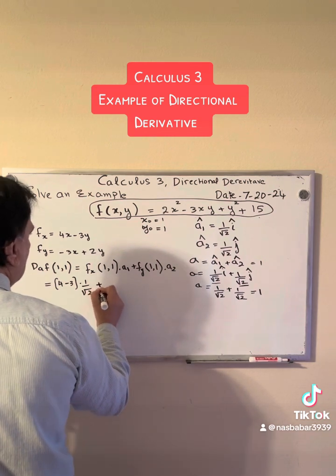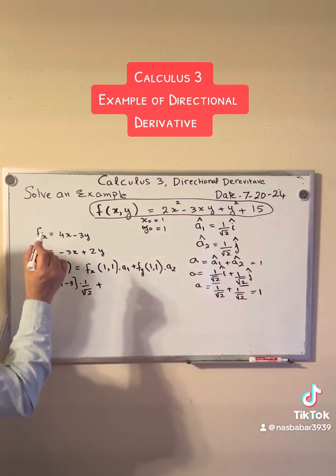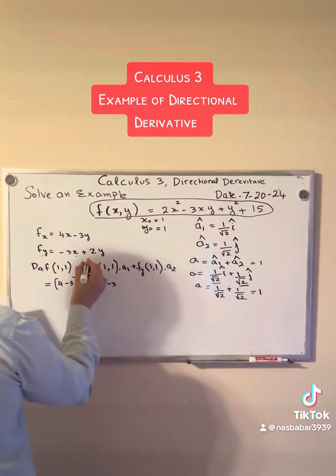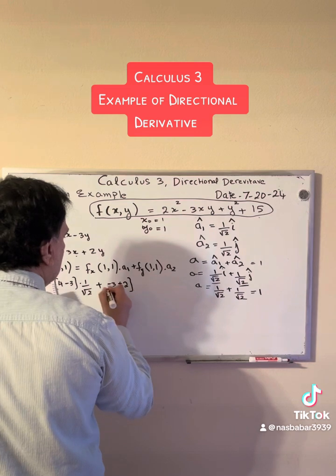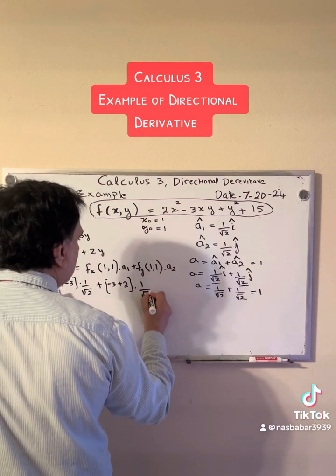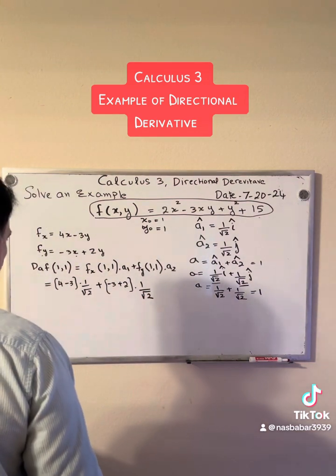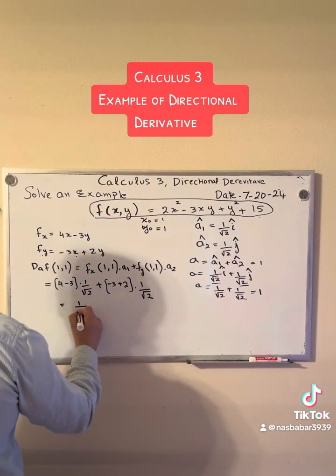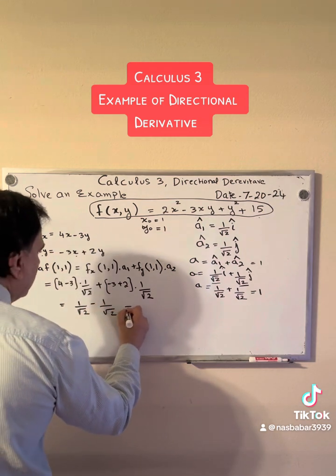And then plus, what is f subscript y? It's this: plug in the initial x, which is 1, so we get minus 3, plug in 1 for y, we get plus 2, multiplied by the y component of the vector, which is 1 over square root of 2. If you solve this, you get 1 over square root of 2 minus 1 over square root of 2, and the answer is 0.